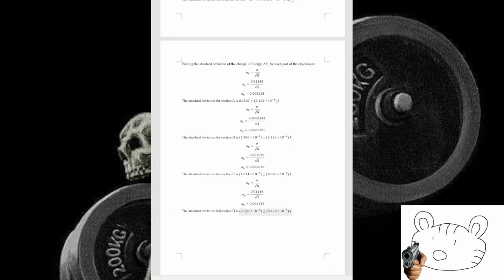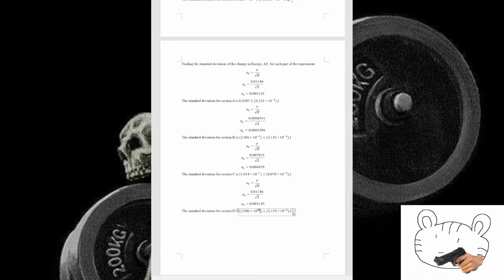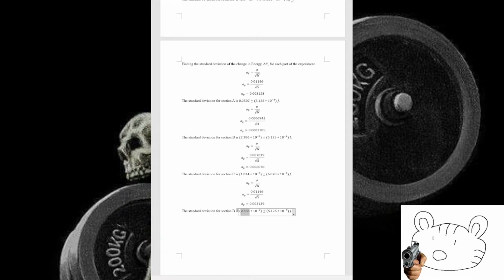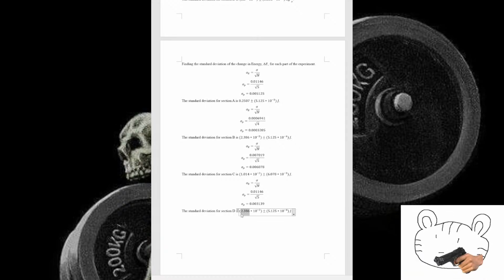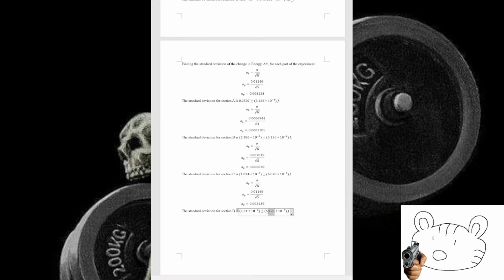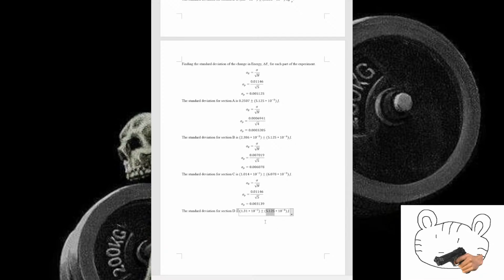And we have a mean of 1.31. 1.31. Over here, 3139. There we go.